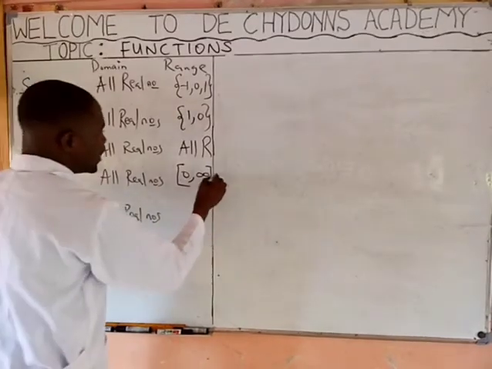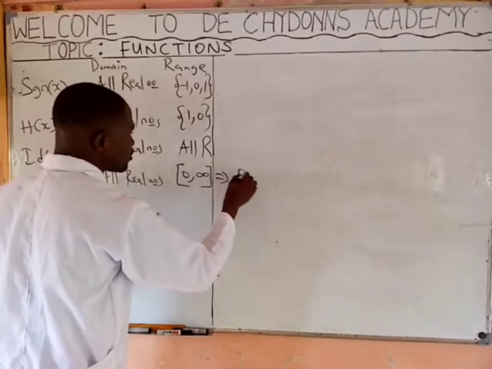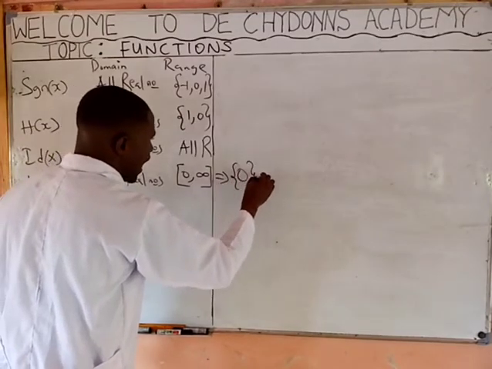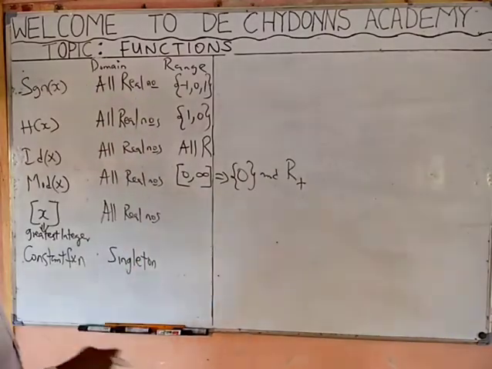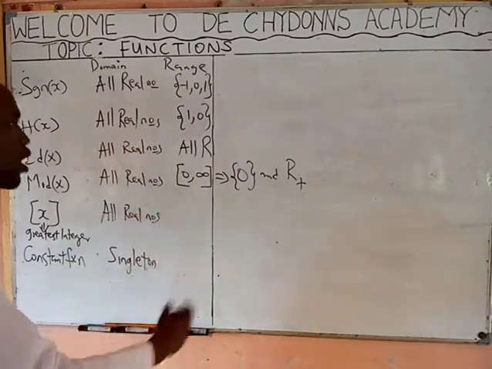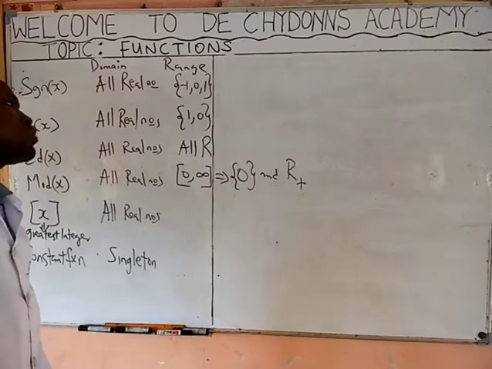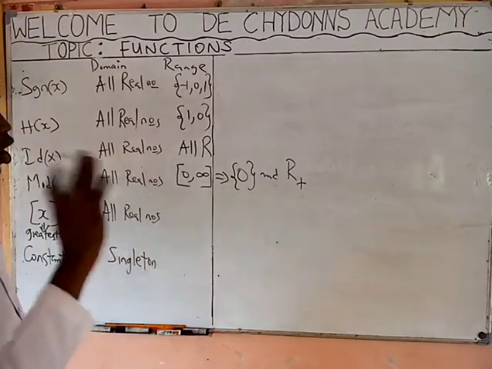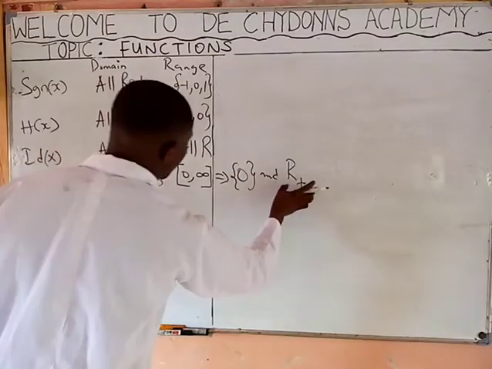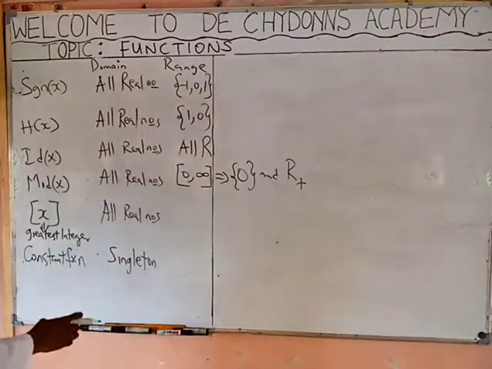That is, 0 and positive real numbers. Positive real numbers simply means 0.1, 0.2, 100, 1 million. Positive numbers, whether decimal or whole numbers. That is what we mean by positive real numbers.